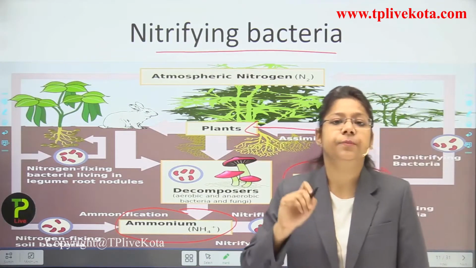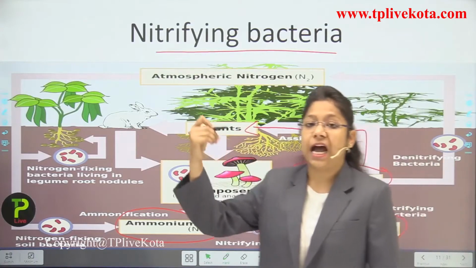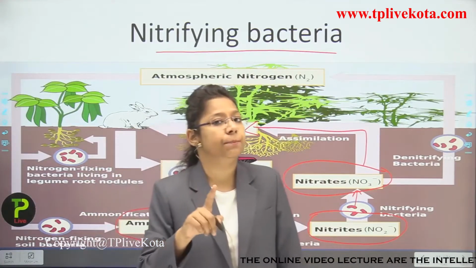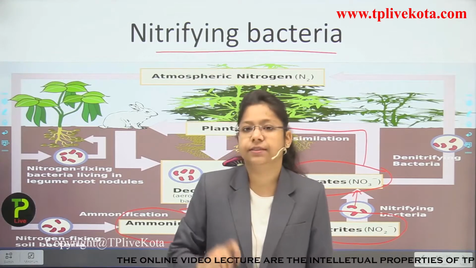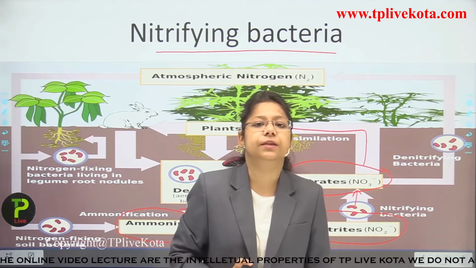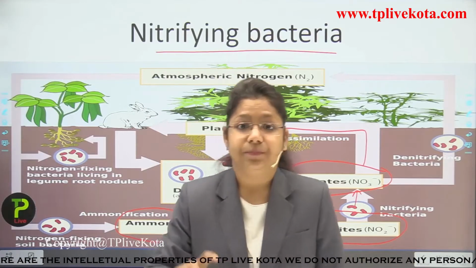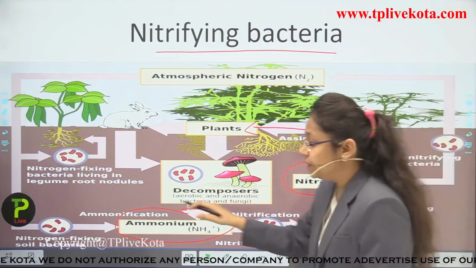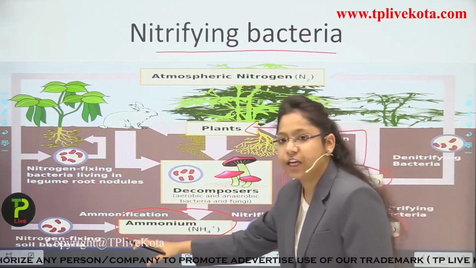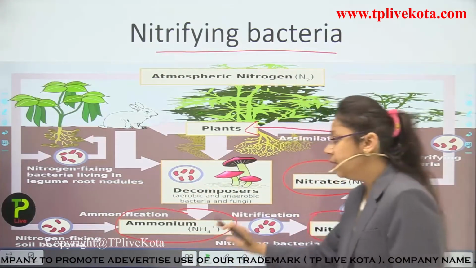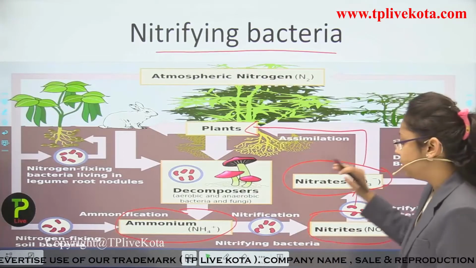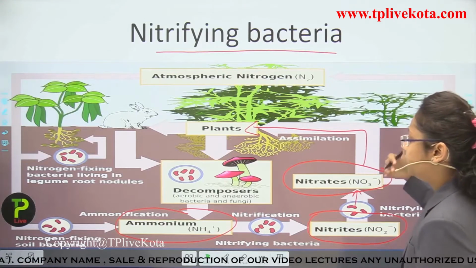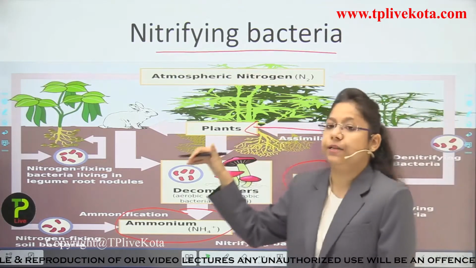So the nitrogen which is present in the highest amount in our atmosphere is consumed by the plants in the form of nitrates, and these nitrogen fixing bacteria convert the nitrogen into nitrates through these processes. First is ammonification, that is formation of ammonium ion. Second is nitrification, that is formation of nitrites. Third is the nitrifying bacteria's function, that it converts nitrites to nitrates, and then it is assimilated by the plants.